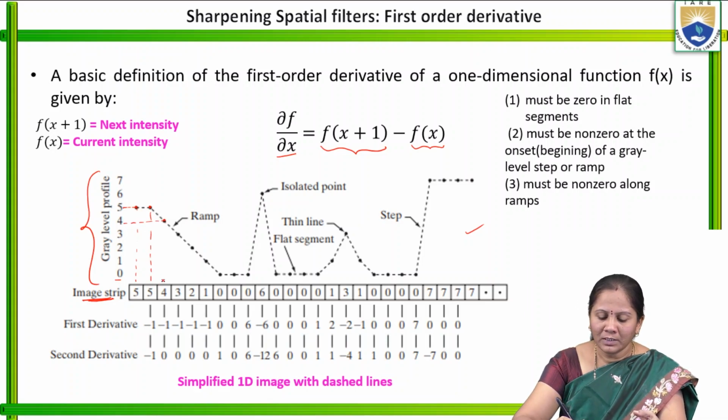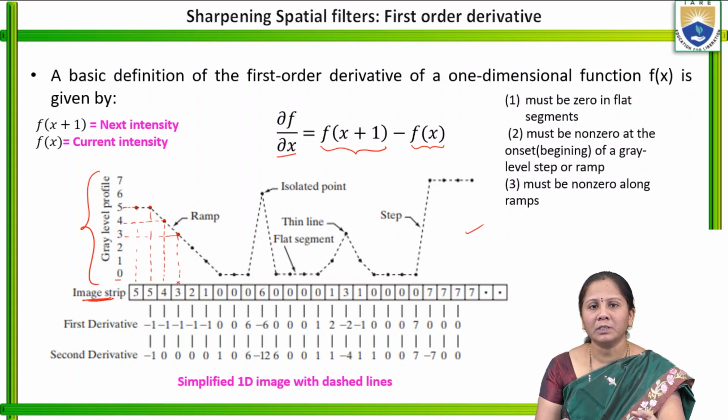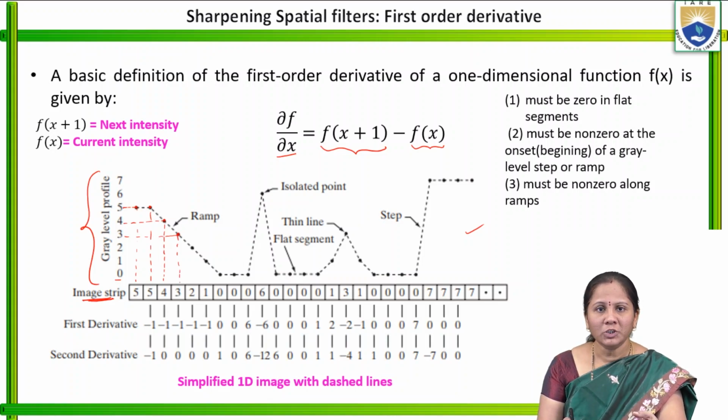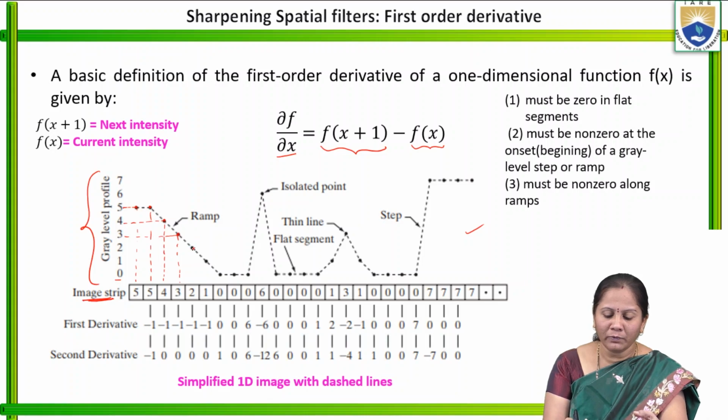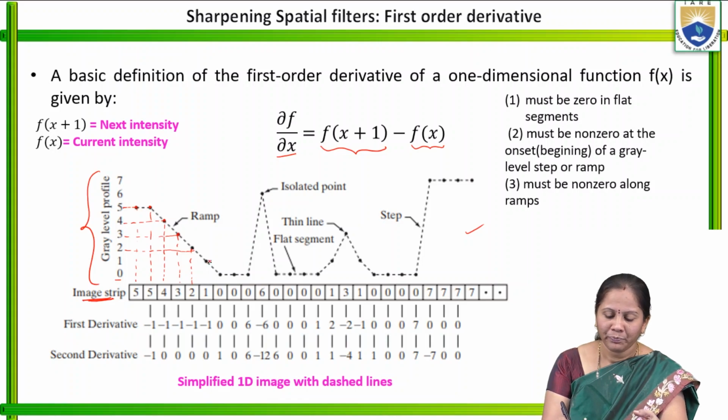That is why in the strip, the value 4 is represented. Similarly, this point has the intensity level 3 and the same is represented on the image strip. Similarly, for the remaining points, this is the point where the level is equal to 2, so on the strip it is equal to 2.